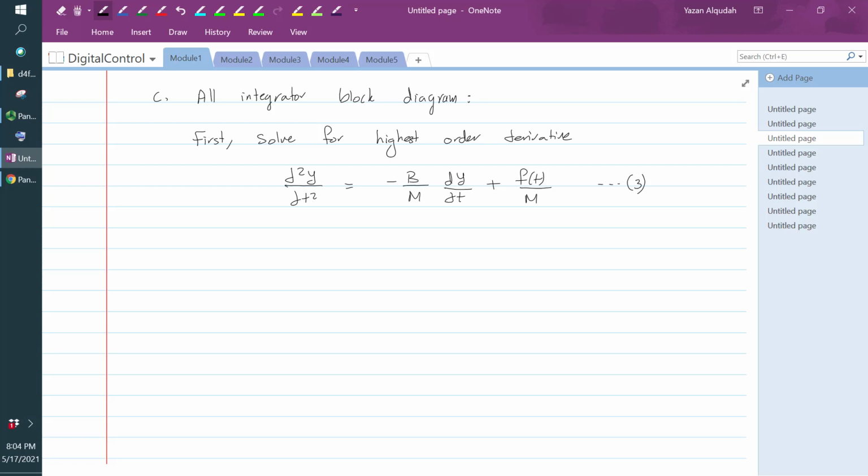Then we're going to construct a chain of integrators whose input is the highest derivative of y of t and whose output is y of t.